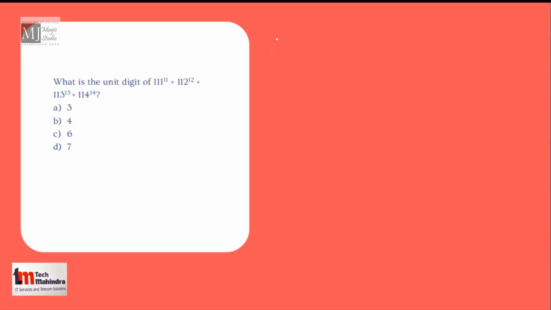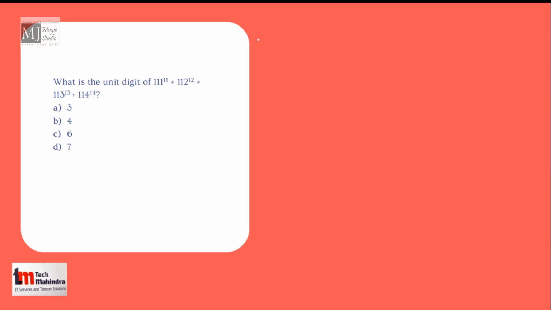A question on unit digit, last digit, may obviously feature in these kinds of examinations. See, Tech Mahindra standard is more or less like TCS NQT, a bit lower than that, but more or less. So I've tried to take up everything from number system, arithmetic, average, percentage, profit and loss, interest, time and work, time, speed, distance, and a bit of data interpretation.